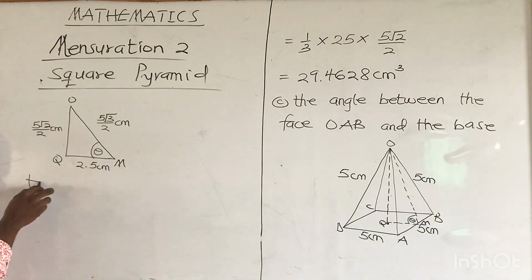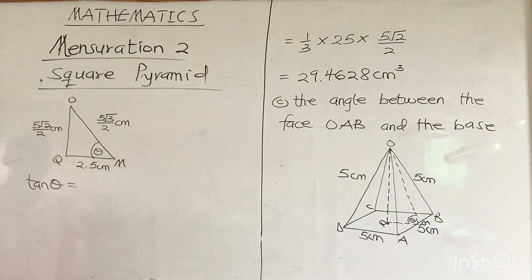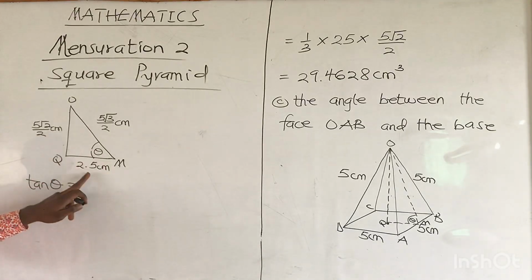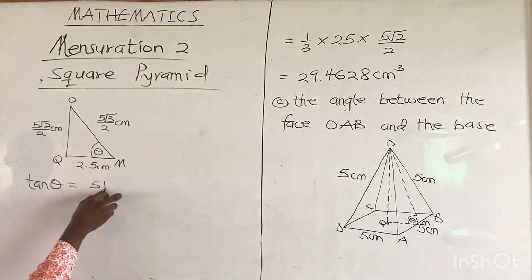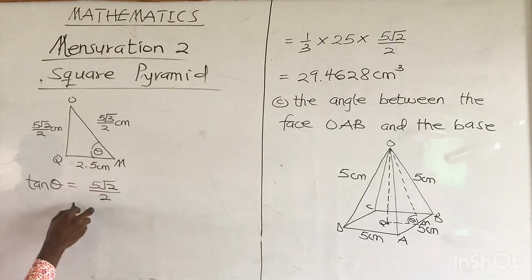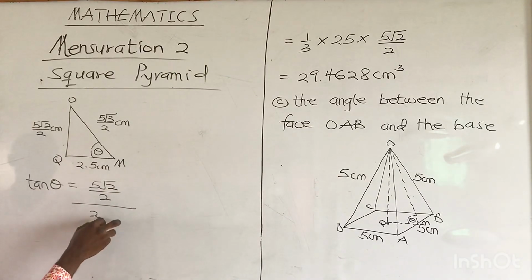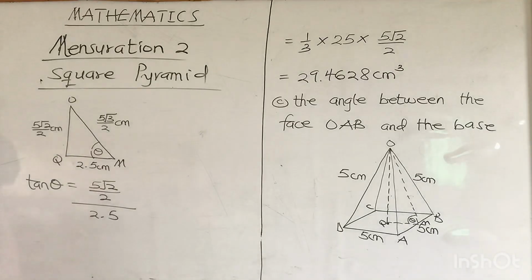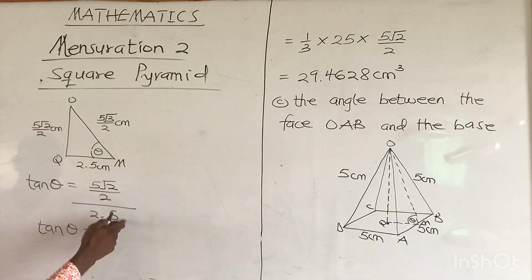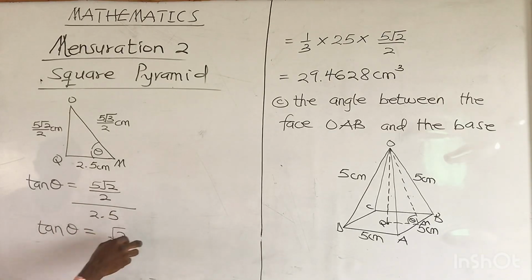So let me take tan theta, which is equal to opposite over the adjacent. So we have 5 root 2 over 2 all over the adjacent, which is 2.5. So viewers, when we divide 5 root 2 over 2 by 2.5, we are going to get root 2.